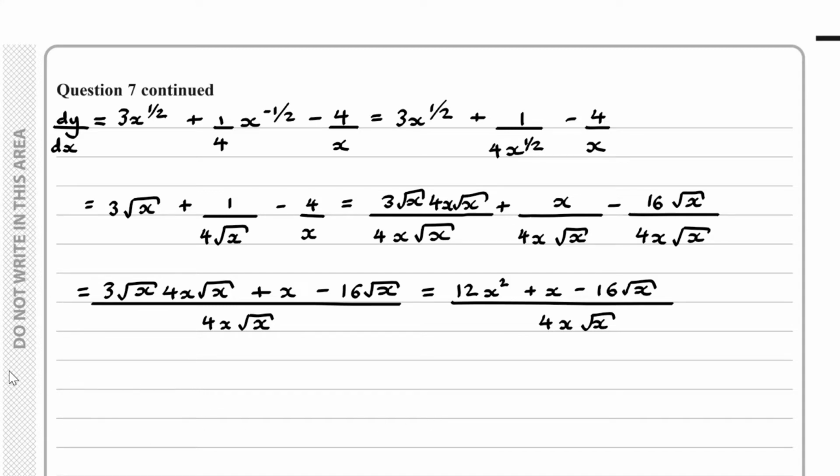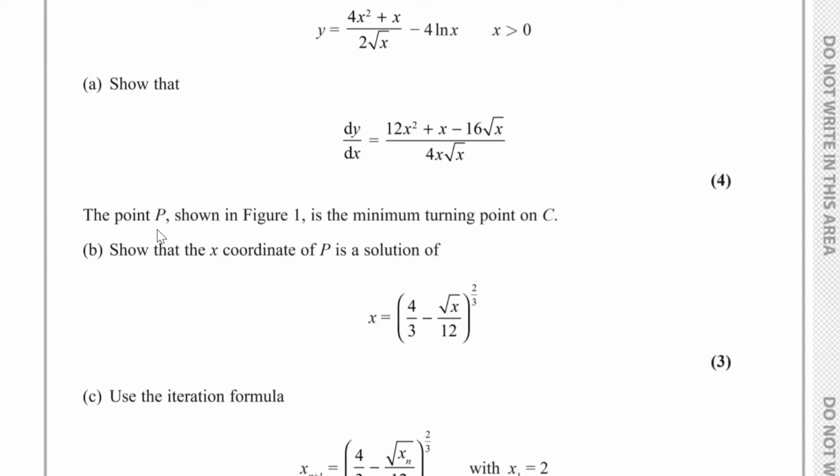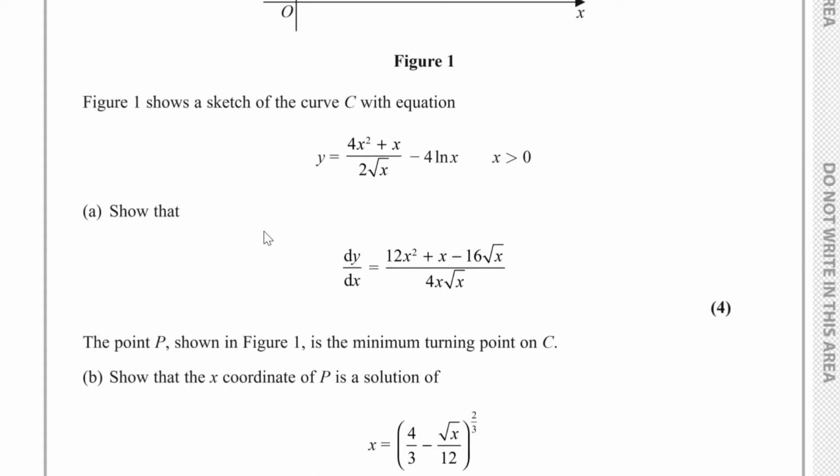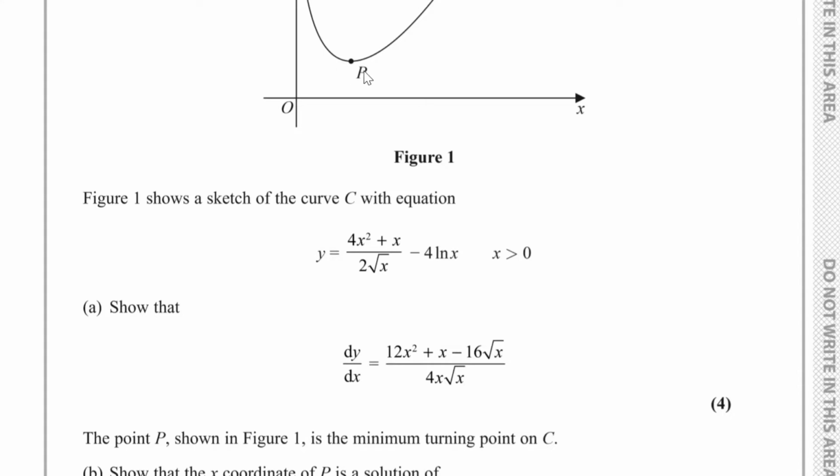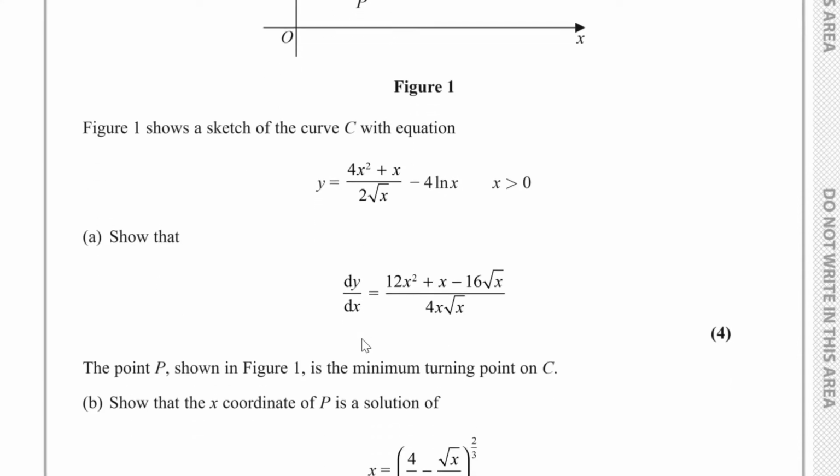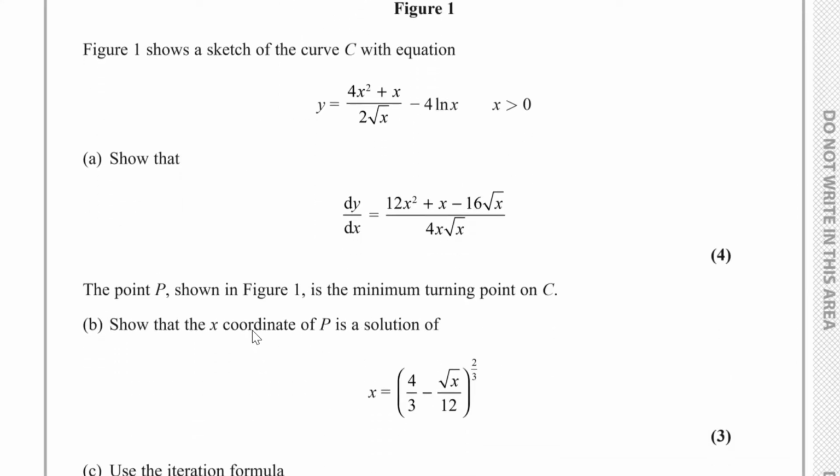Now for part B of the question, the point P shown in figure 1 is a minimum turning point on C. So here we have a minimum turning point. And we have to show that the x coordinate of P is a solution of x equals 4/3 minus root x over 12 to the power of 2 over 3.